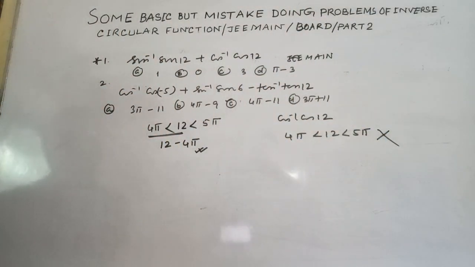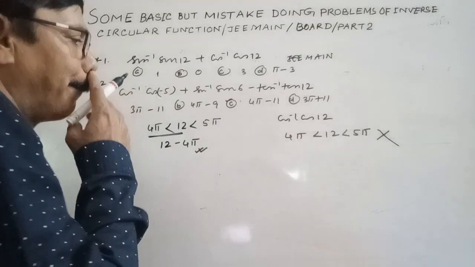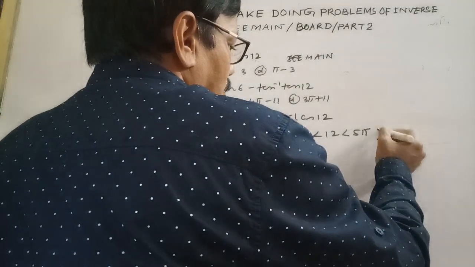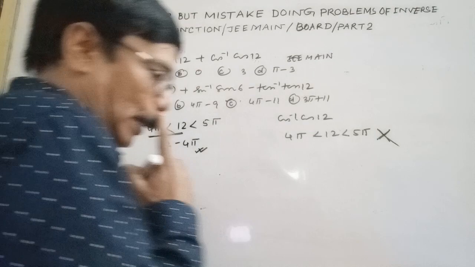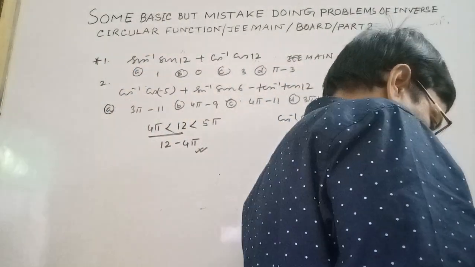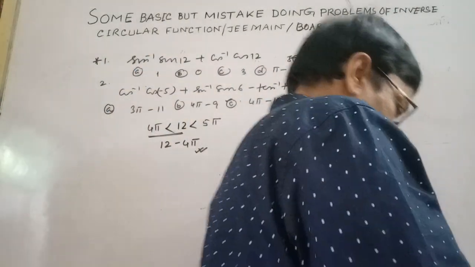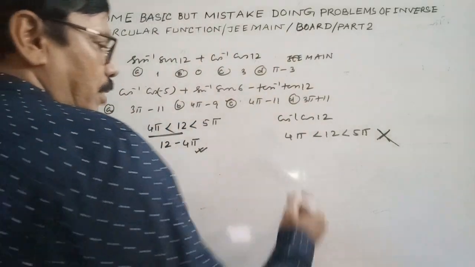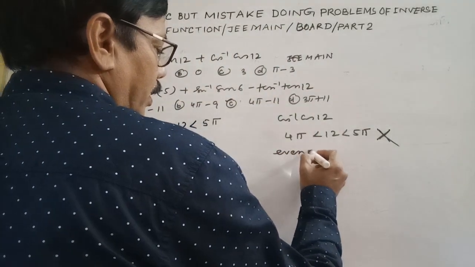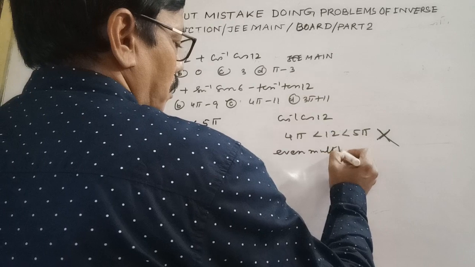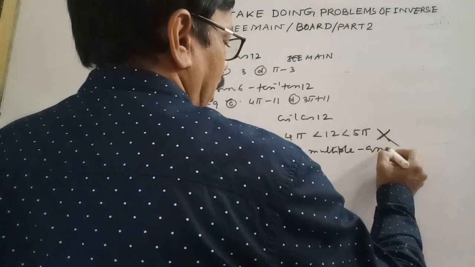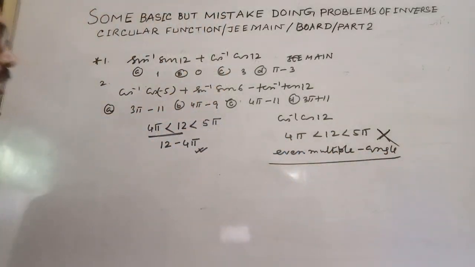The odd multiple is cancelled. So what is your rule? Even multiple minus angle. This is our shortcut rule.